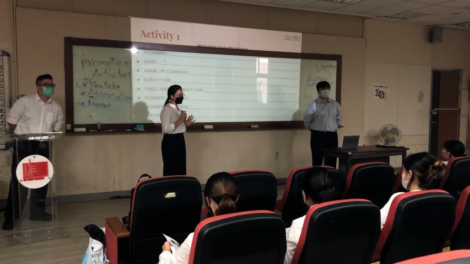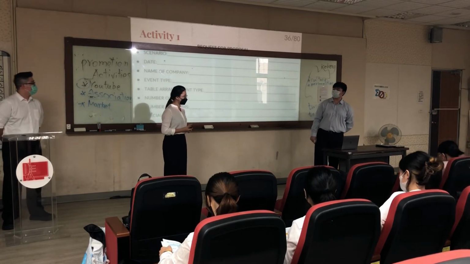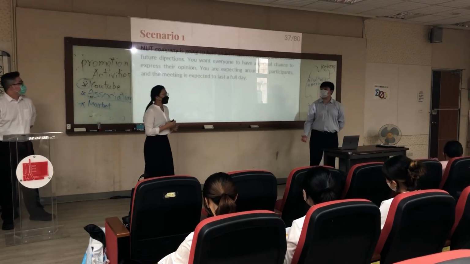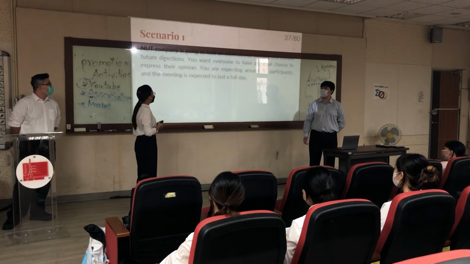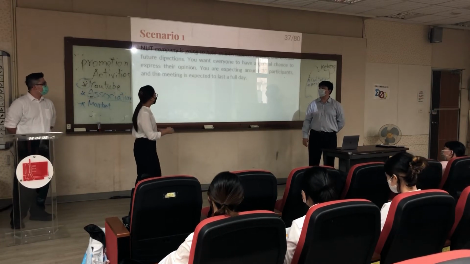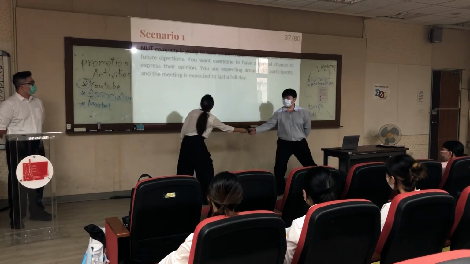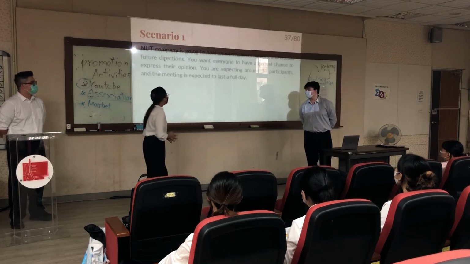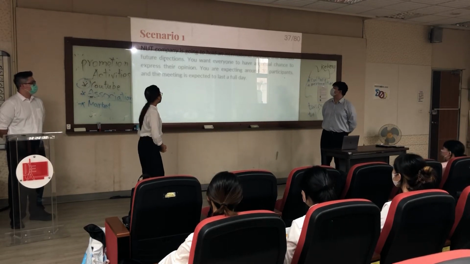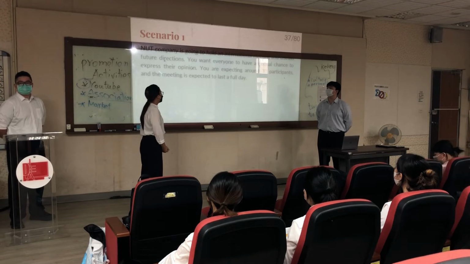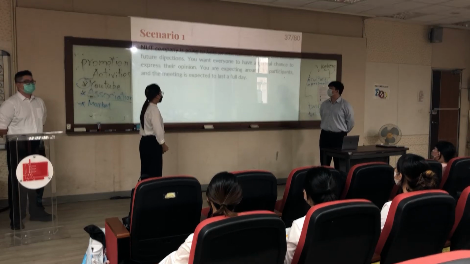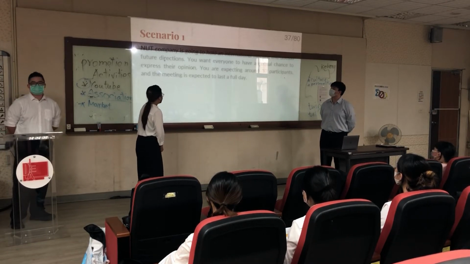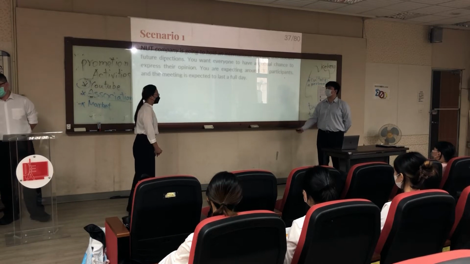So please listen to the scenario carefully. In scenario 1, a NUT company is going to hold an international meeting and discuss future direction. You want everyone to have an equal chance to express their opinion. You are expecting around 30 participants, and the meeting is expected to last a whole day.